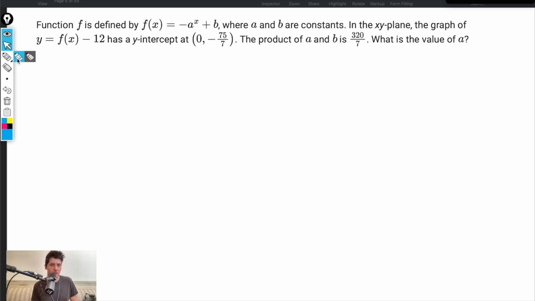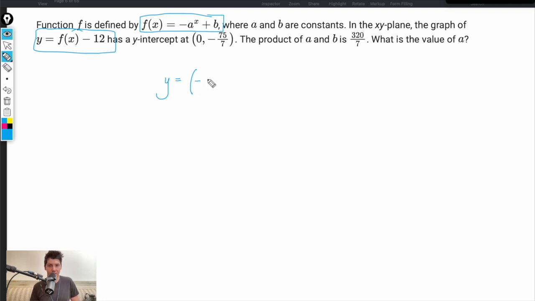Okay, so here's what I'm going to do. I need to combine the knowledge that they've given me in some meaningful way, and these two equations seem useful. So I can write y equals, instead of f of x, I'll actually write this equation which represents that same thing. I'll put it in parentheses to be clear.